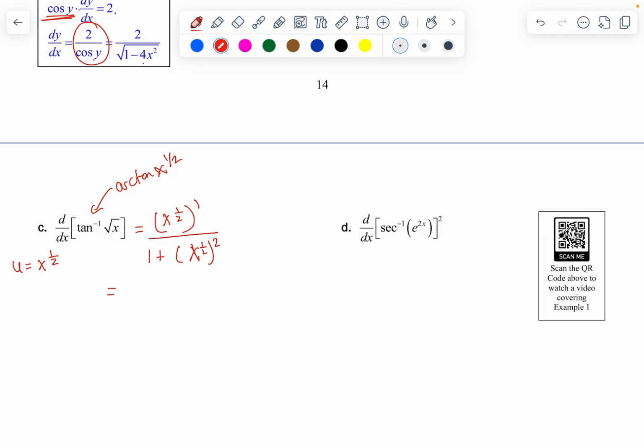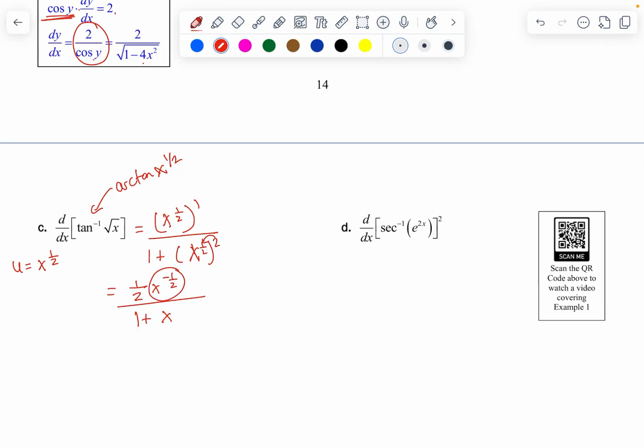And once you clean that up, the derivative of x to the half is going to be 1 half x to the negative 1 half, which we'll clean up in just a second. All of that over 1 plus x, because 1 half times 2 is going to be 1. So 1 plus x.